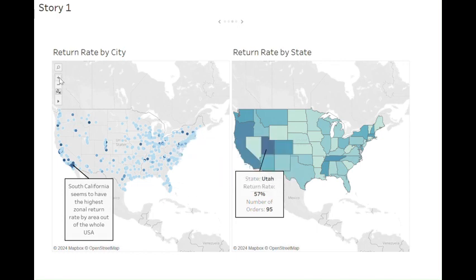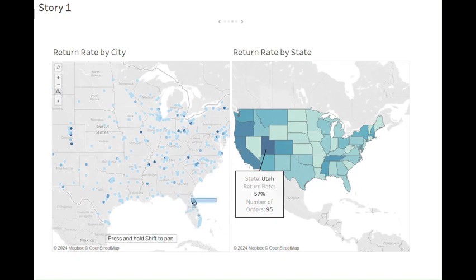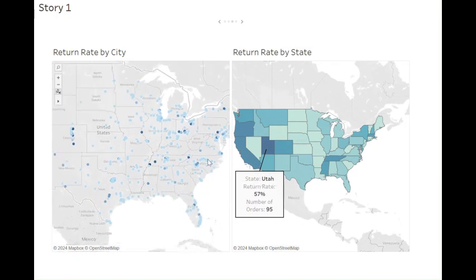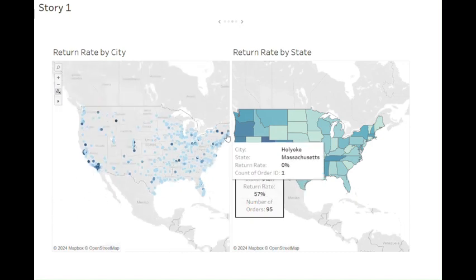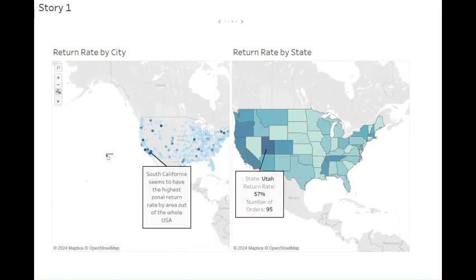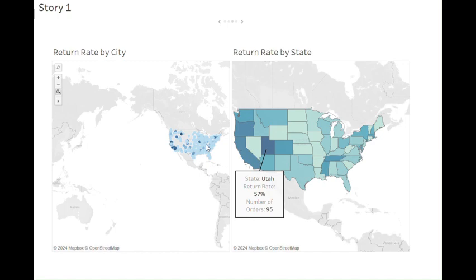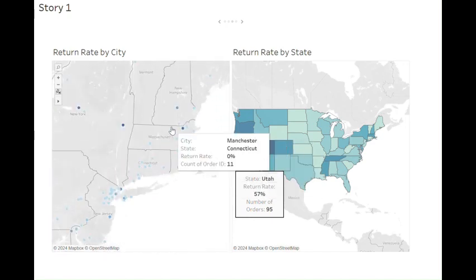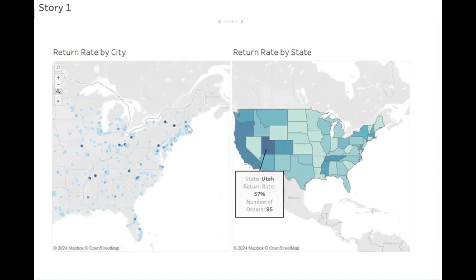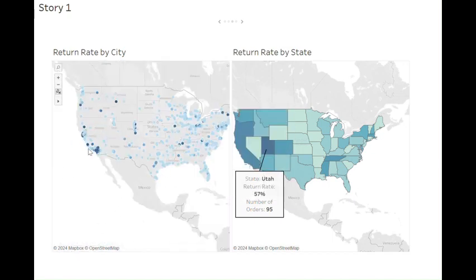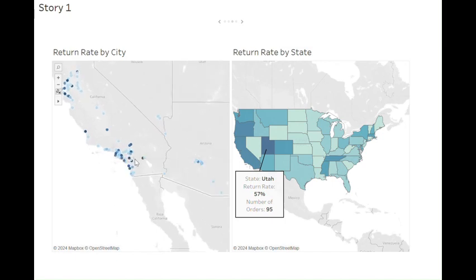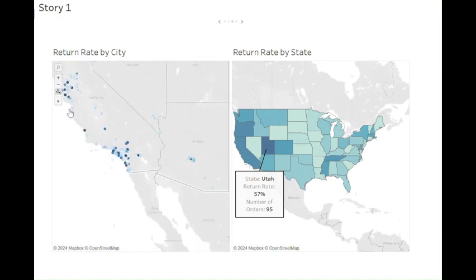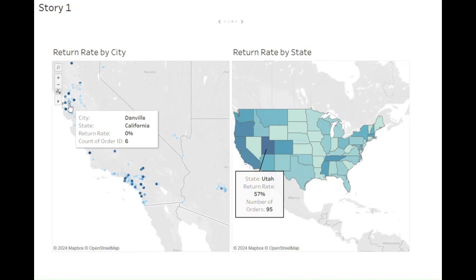But if you look carefully, it's not as conglomerated as the return rate in the south of Los Angeles, specifically the southwest, in all the area of San Diego and Los Angeles, and even in the areas of San Francisco here in the top.